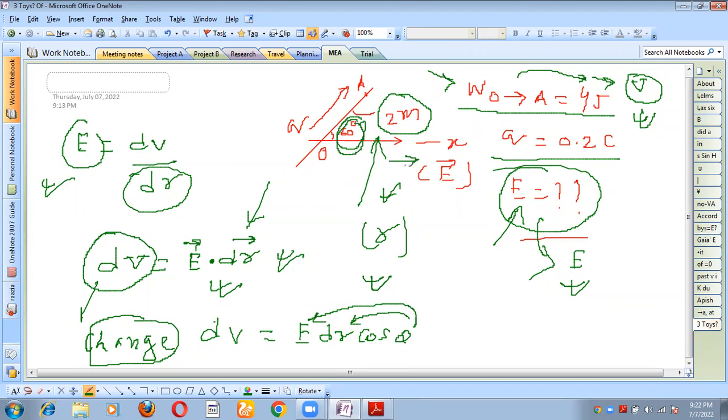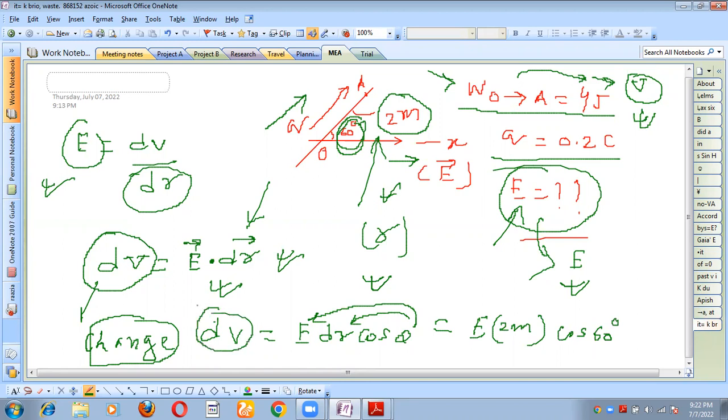The electric field is along the x direction and we are moving along this direction. So obviously the angle is 60 degrees. So we will take E. What is the value of dr? Anyone? 2. Correct, 2 meters. Here is the distance 2. And cos, what is the angle? 60 degrees. Correct.